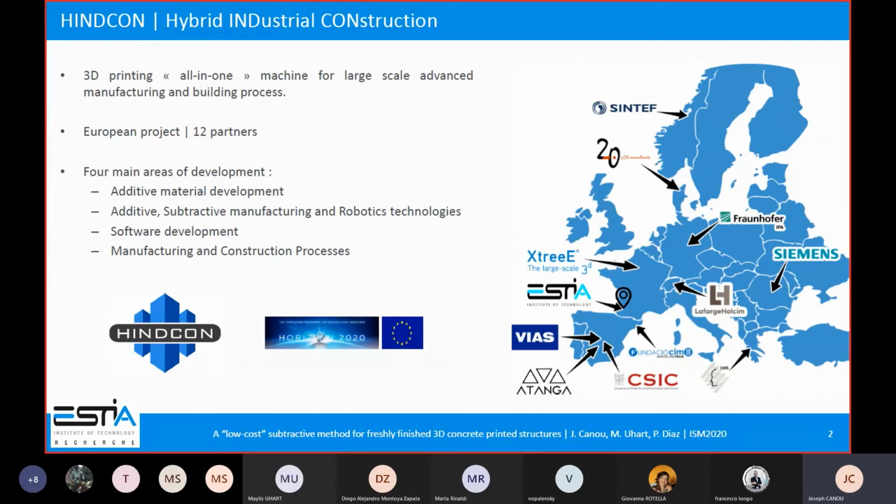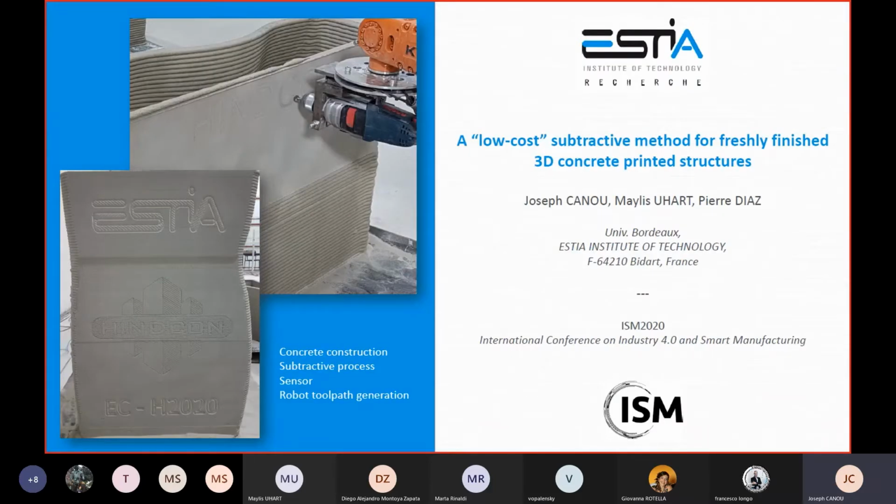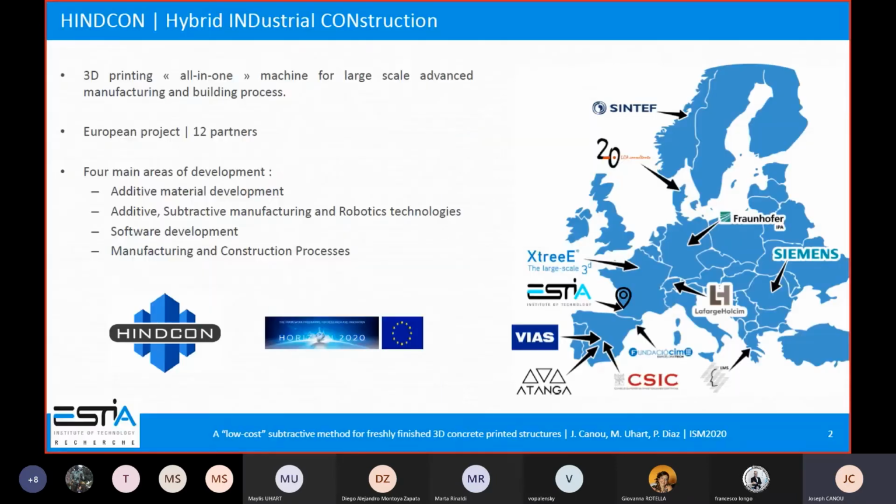So with my colleagues, Michela and Pierre Diaz, we are from ESTIA, Institute of Technology, and we are here in the south of France, in the Basque Country, close to Spain. So if you want to visit us, you are very welcome to do this.